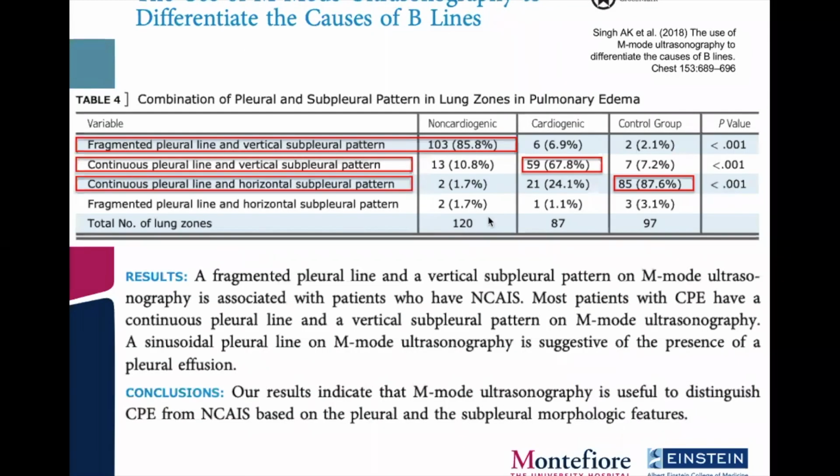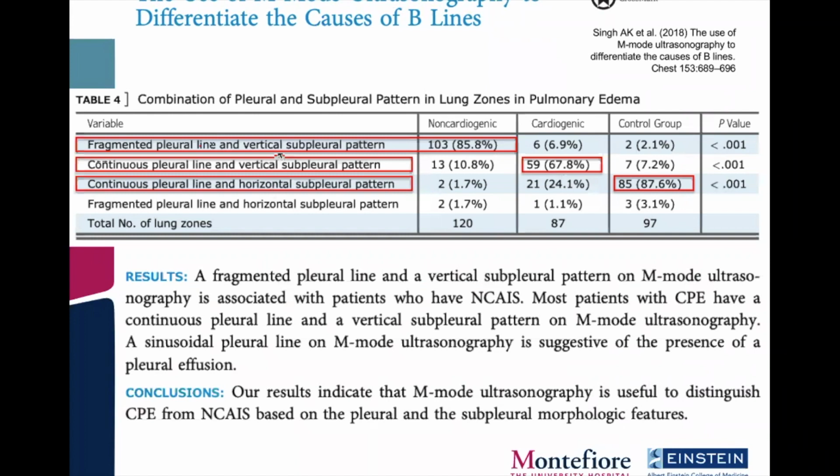And combining the pleural and subpleural patterns, the authors found that a fragmented pleural line with a vertical subpleural pattern was highly suggestive of a non-cardiogenic cause of the B lines. A continuous pleural line with a vertical subpleural pattern was more suggestive of cardiogenic pulmonary edema.